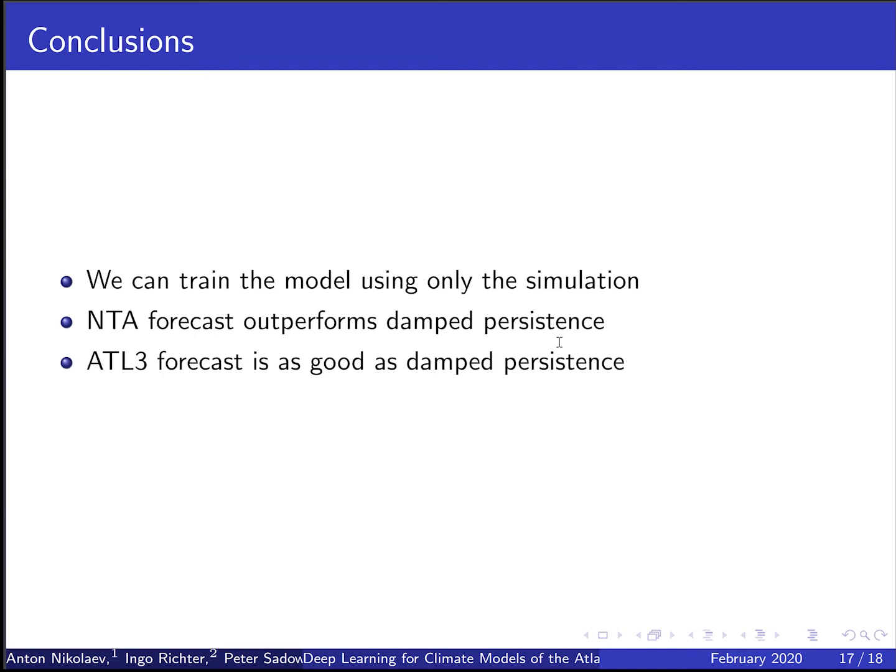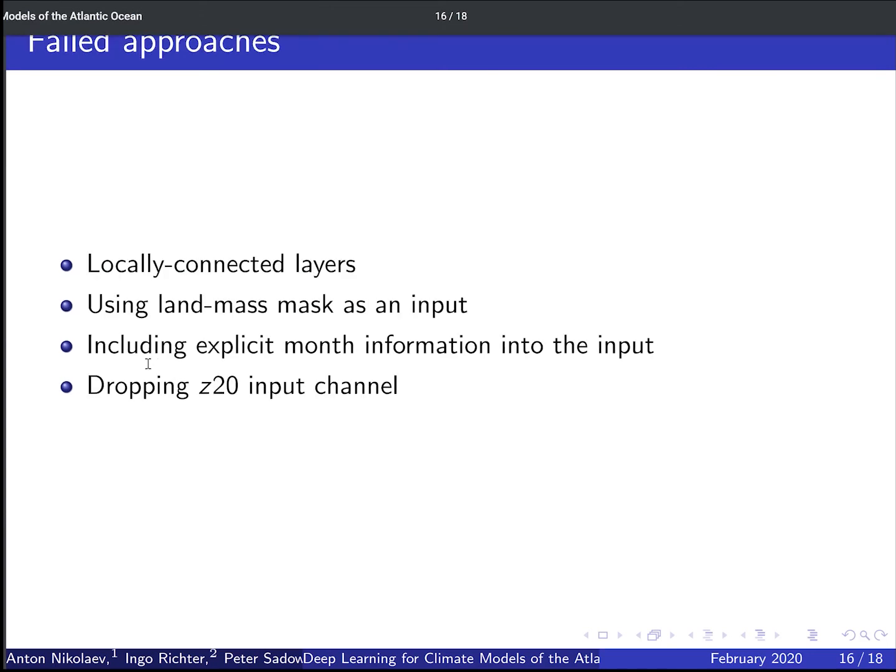But again, it's not just a result of a thought experiment, because we understand that the simulation was created based on the real world data, but it is basically some sort of bootstrapping that we can do in order to increase the amount of data if we want to train a bigger model. And on the NTA, in the simple region, we got a forecast that outperforms the damp persistence. In ATL3, it just did as well, even though it is a more complicated model.